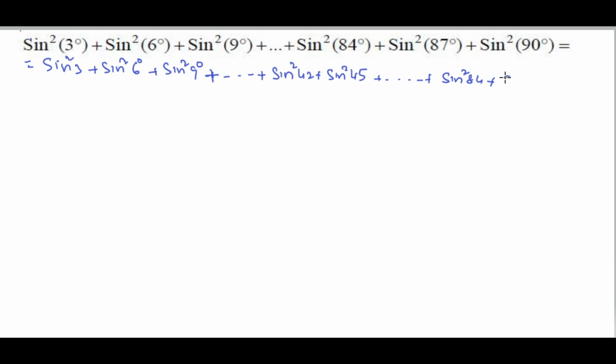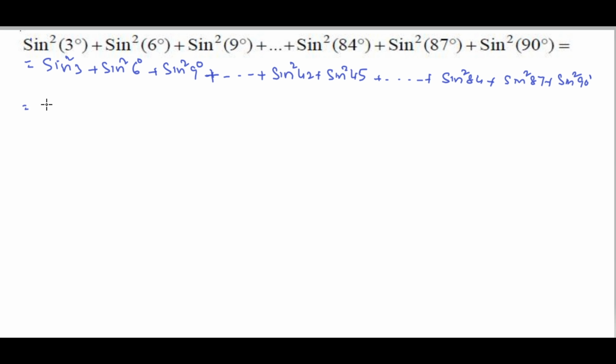This is equal to sin square 3 degree plus sin square 6 degree plus sin square 9 degree plus up to, so plus sin square 42 plus sin square 45 plus up to plus sin square 84 plus sin square 87 plus sin square 90 degree. So here sin square 45 is 1 by 2 and sin square 90 is 1.